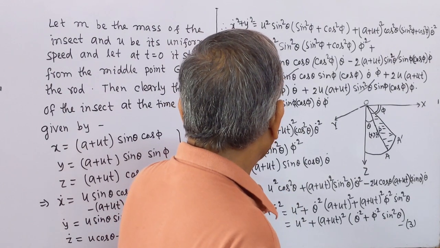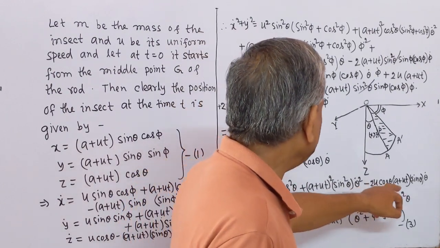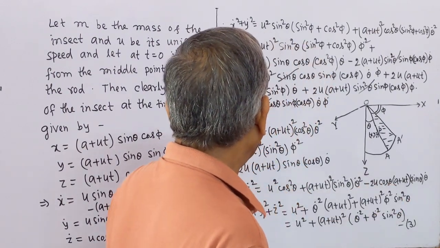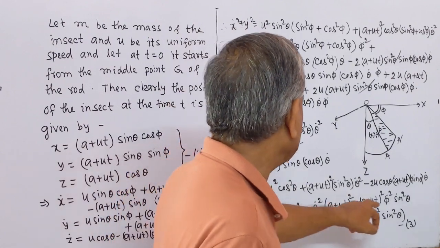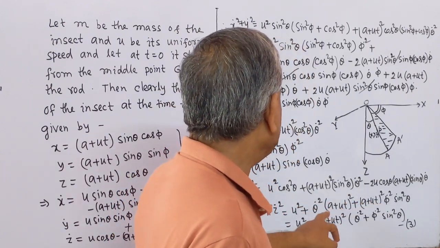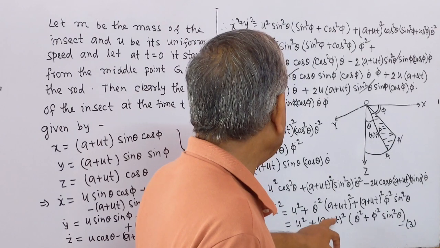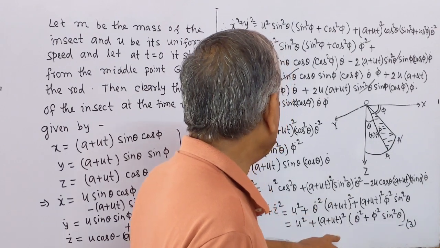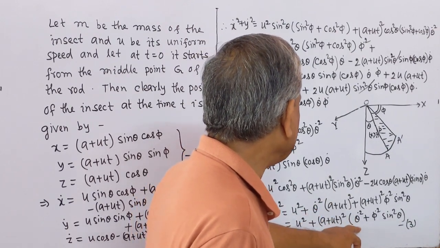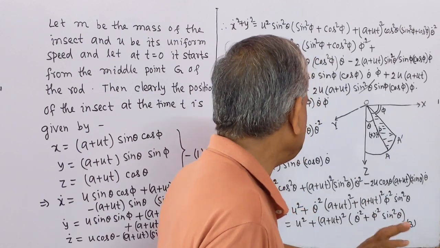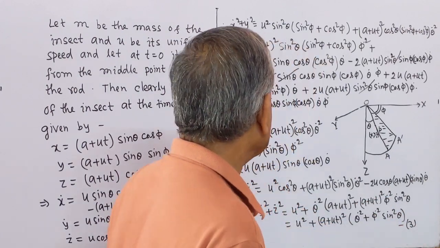Here this term plus and this term minus cancel, only this term remains here. So from these two terms we take (a plus ut) whole square common, here remains theta dot square, here phi dot square sin square theta. This is number 3.